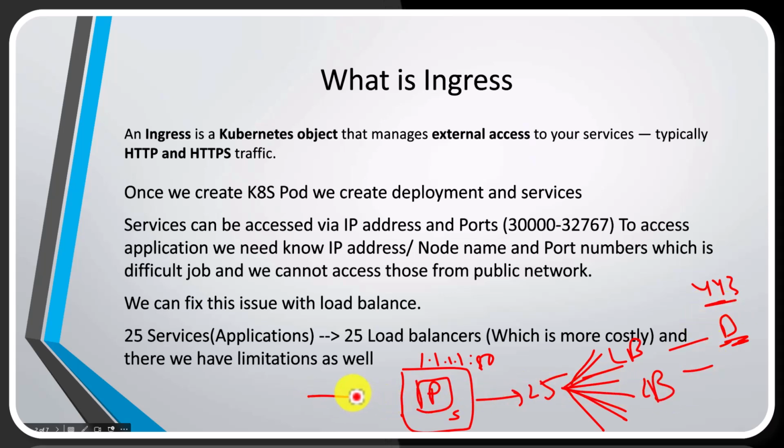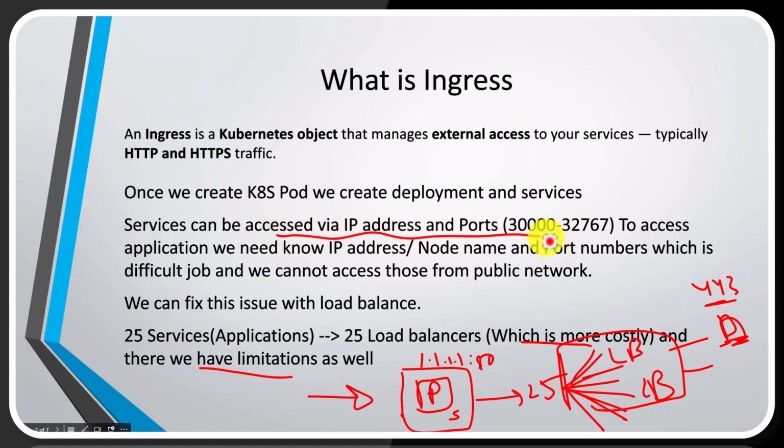We can do this without an ingress. Services can directly map to the load balancer, and that load balancer you can map to the domain. But creation of 25 load balancers is very costly, and there we also have limitations. Once you create a service, it can be accessed via addresses and port numbers.